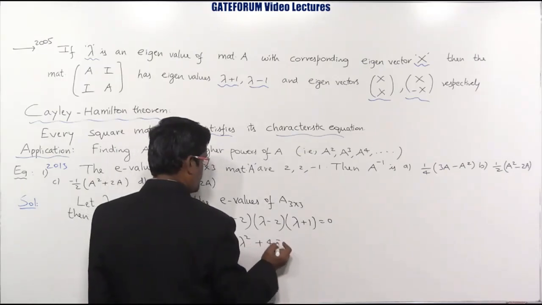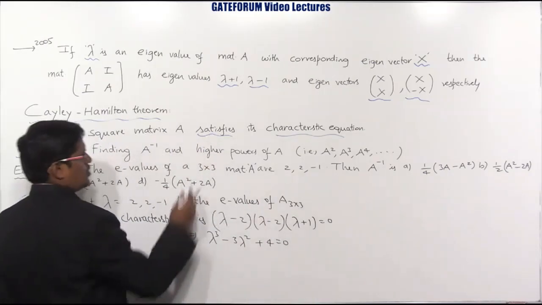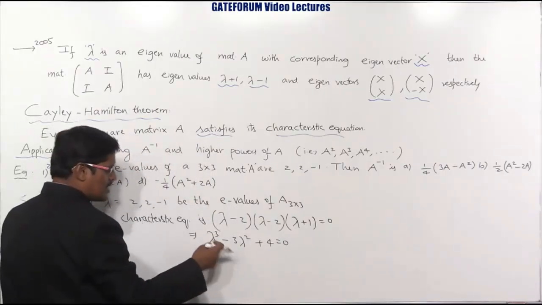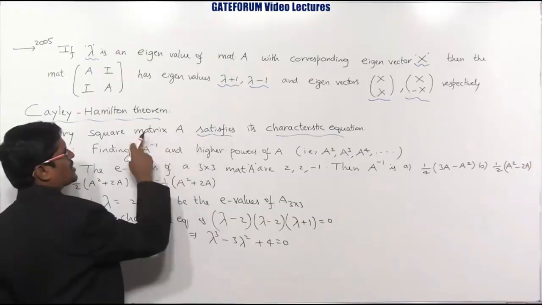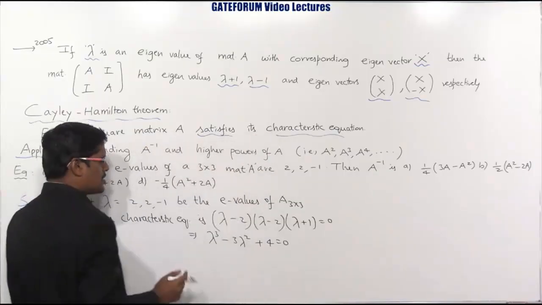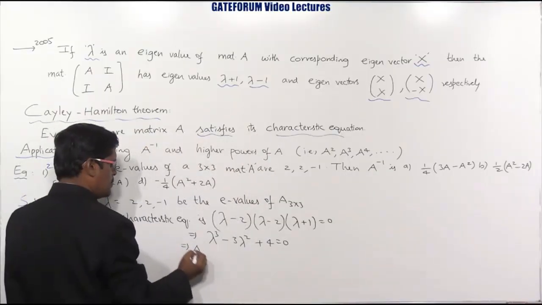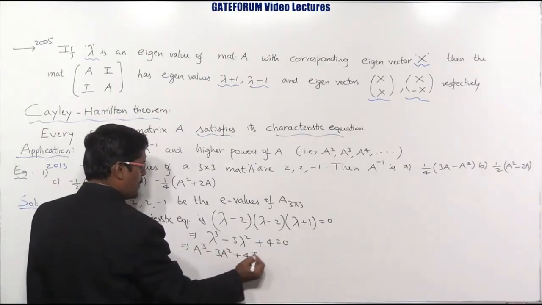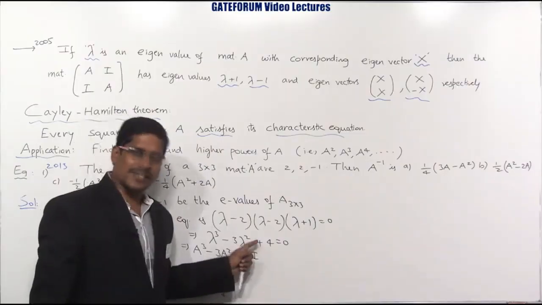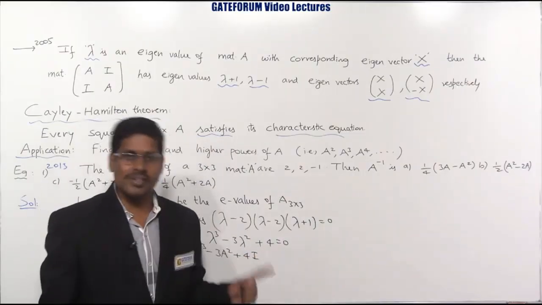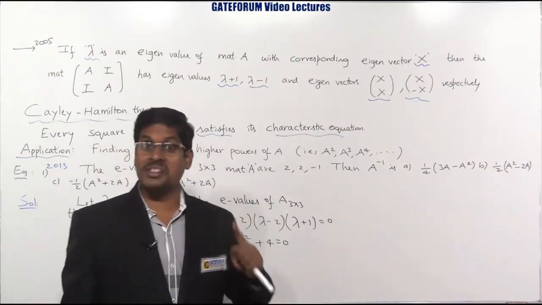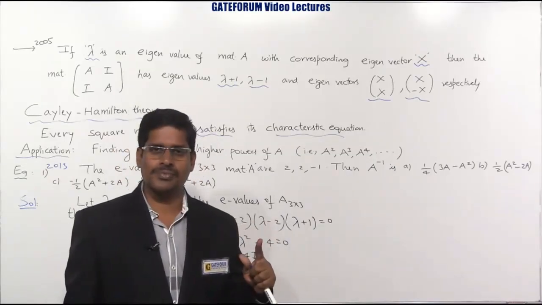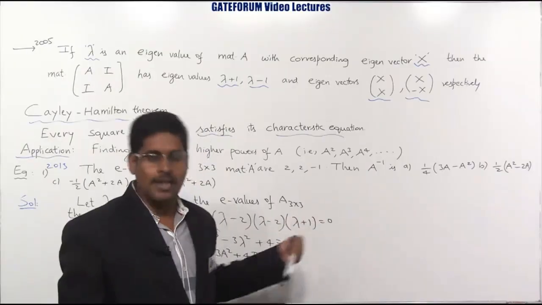plus 4. Okay, so now by the Cayley-Hamilton theorem, when you have an equation like this, lambda is replaced by the matrix A, that is called satisfies. Every matrix A satisfies its characteristic equation, which implies A cube minus 3A square plus 4I. When a constant term is present in the characteristic equation, then only the inverse exists. When a constant term is absent in the characteristic equation, then A inverse does not exist. This is from our BTech first year, first semester, Cayley-Hamilton theorem.